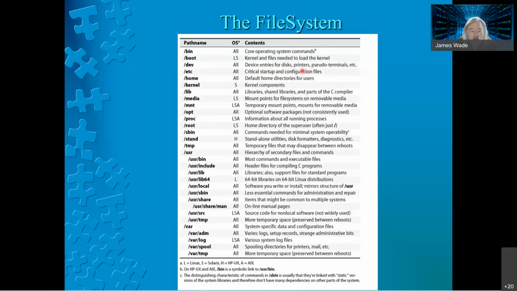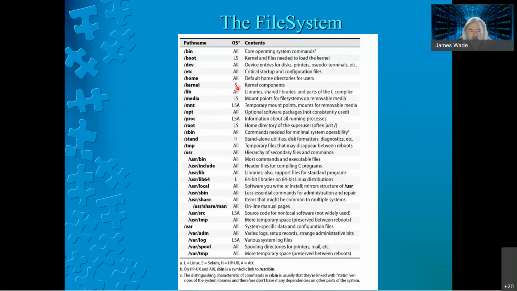Okay. And in the /boot, you get a lot of kernel files there. Okay. And then of course, there's the /kernel. Sometimes you may not see a /boot, you might see a /kernel. Notice here that they're giving us the different OS types. So here, look, ls, okay, and the L is Linux and Solaris, but then notice here S, which is Solaris.